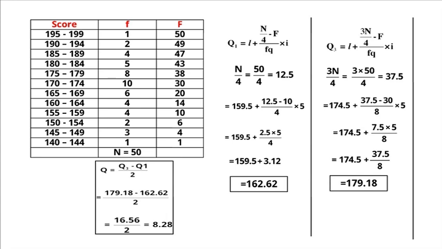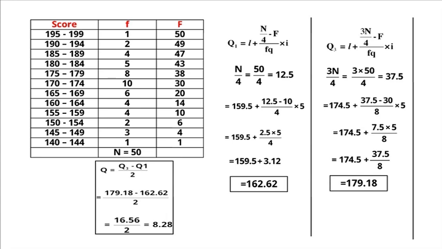Now, it means the class interval of 160 to 164 is that class interval in which Q1 is lying. Because my value is 12.5, from 10 onwards up to 14 is coming in which class interval? 160 to 164.